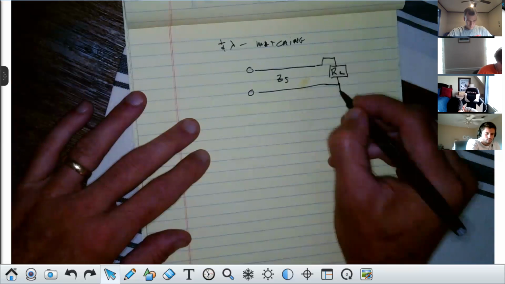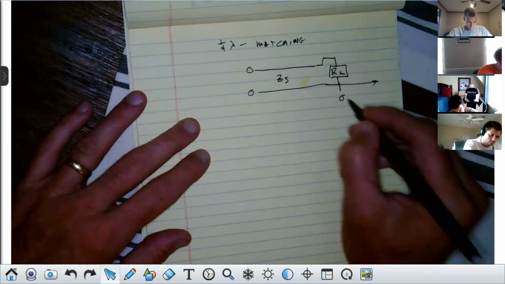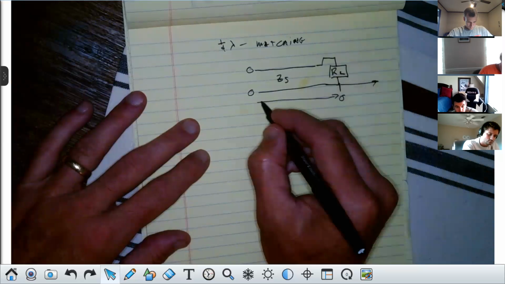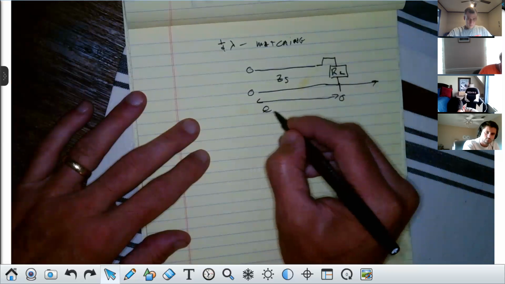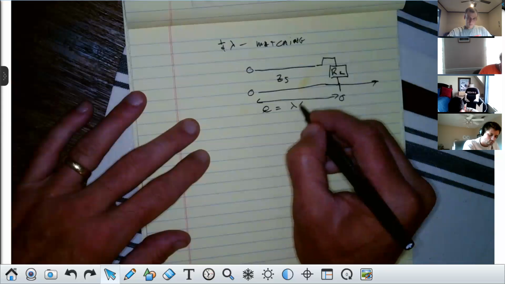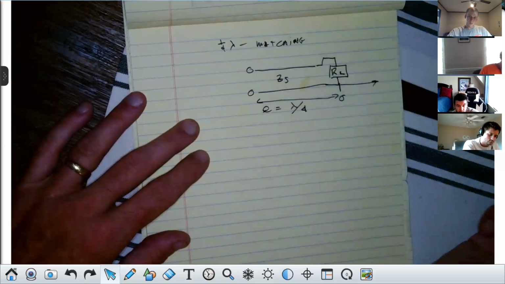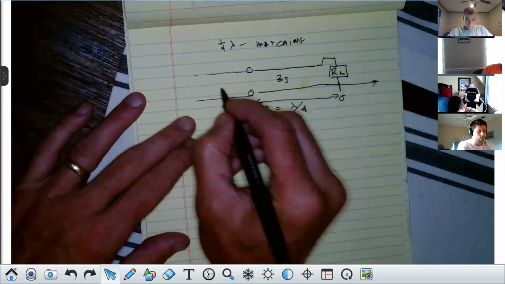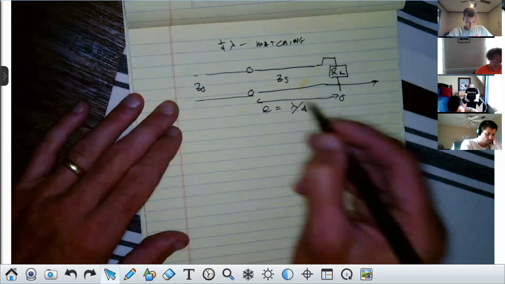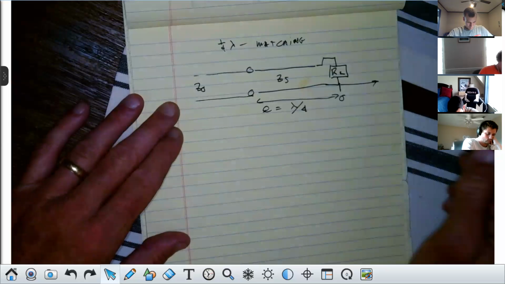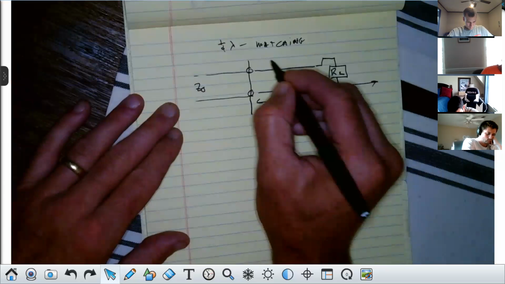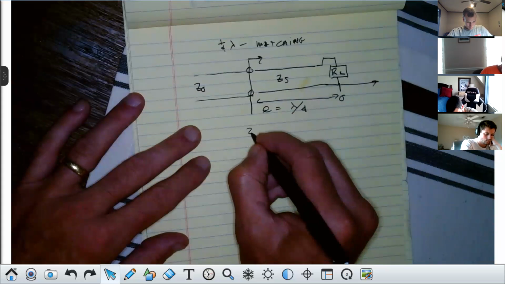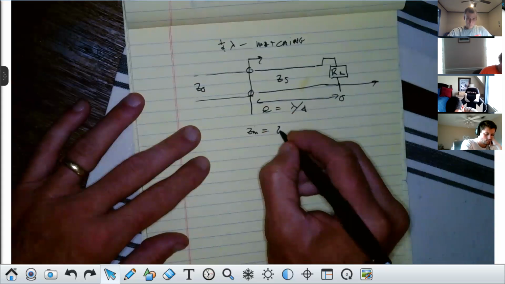Now, it's the typical coordinate system. This will be the Z-axis. This will be at 0. And the length of this line, L, will be equal to lambda over 4, or quarter wave. Now, this is coming from a transmission line that has a characteristic impedance of Z naught. And what we want to do is make sure that the input impedance right here, Zin, is equal to Z naught.